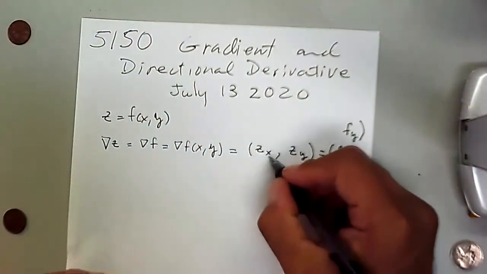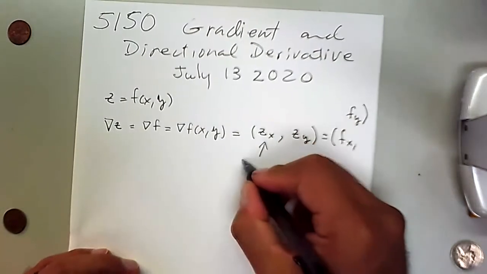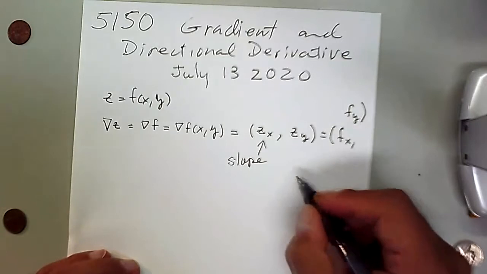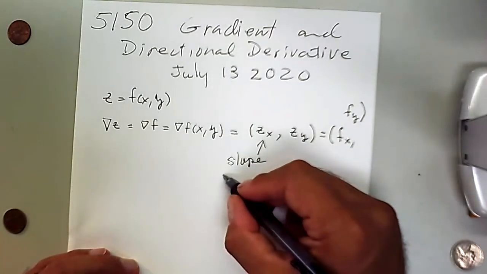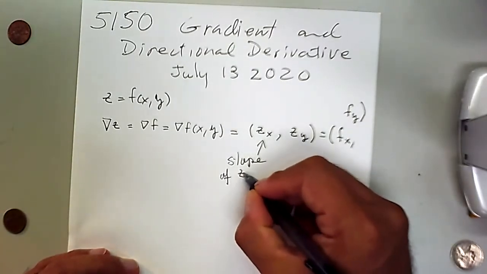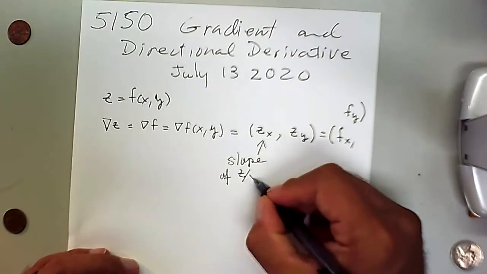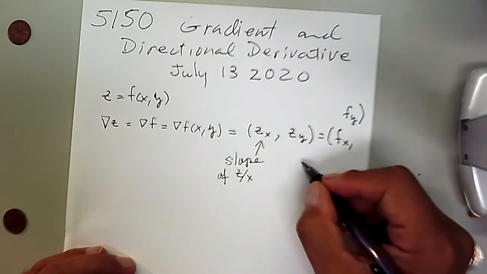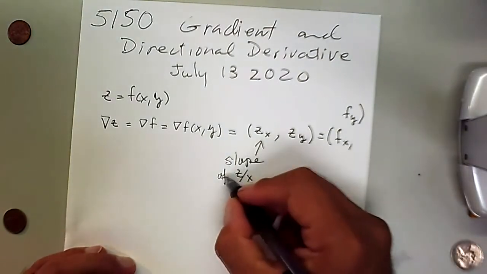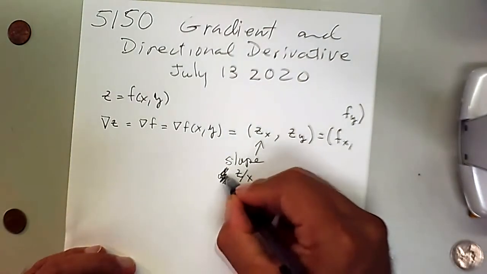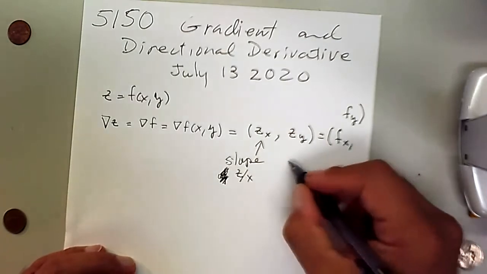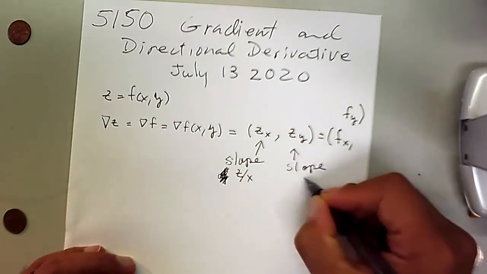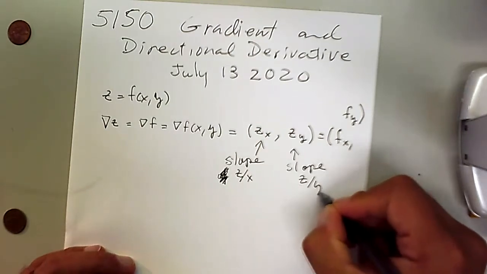So let me write that down. So this is the slope or rate of change of z relative to x. So as you move in x, slope, z over x, and this guy is going to be the slope z over y.